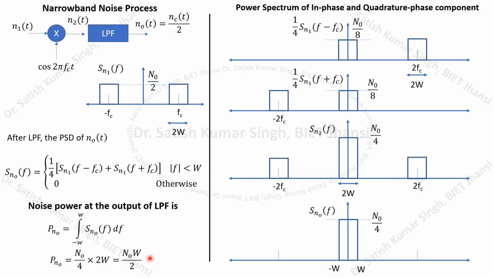Basically, we will discuss AM receivers, in which I will cover DSBSC, SSBSC and conventional AM, and how to calculate the signal to noise ratio. That time this calculation will be used.